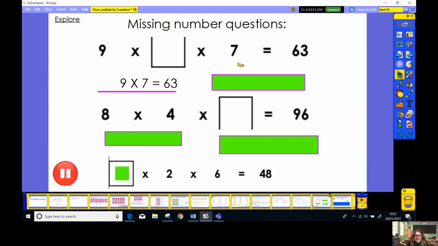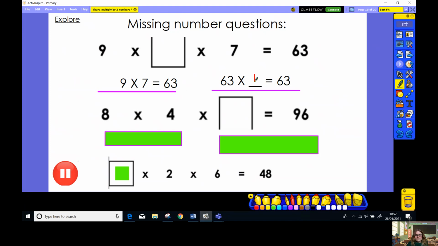What number would I add in here to make the product remain 63? That's right, it would have to be 1, because 63 times 1 equals 63. So in our answer here, it would be 9 multiplied by 1 multiplied by 7 equals 63.